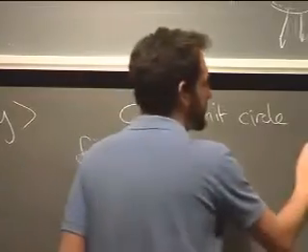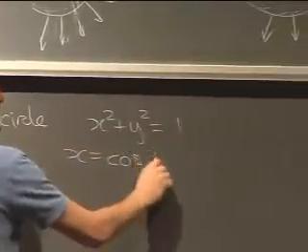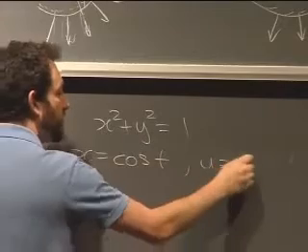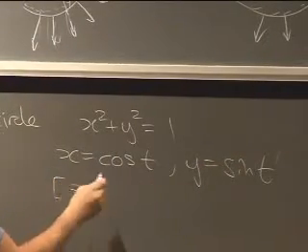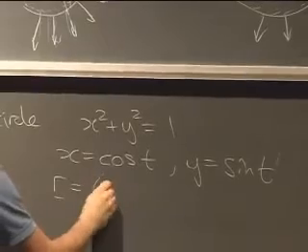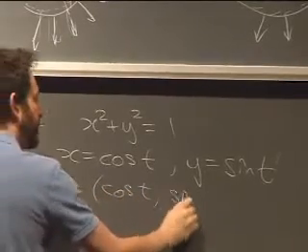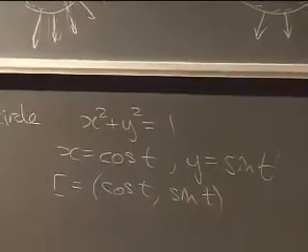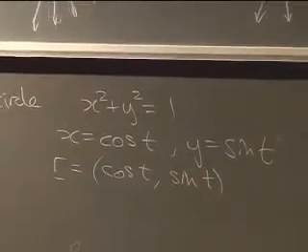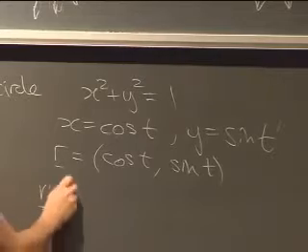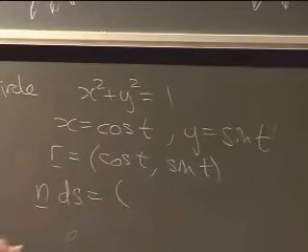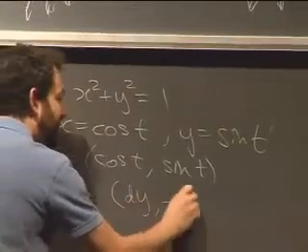So you take your favorite parameterization. I'll use t. So x is cosine t, y is sine t. Okay, so in other words, r is equal to cosine t sine t. Now, according to my formulas, I'll do this all differentially because it's really nice. According to my formulas, n ds you can write in differential form as dy comma minus dx.